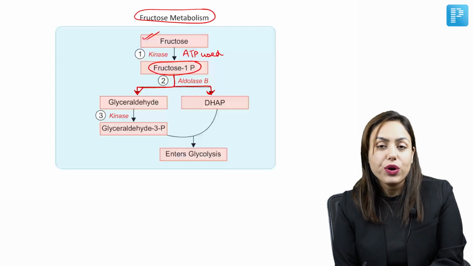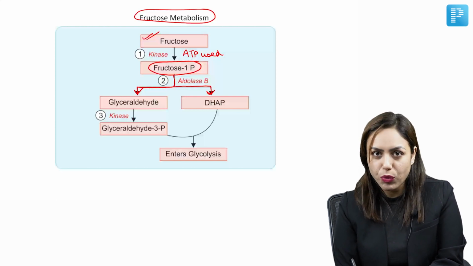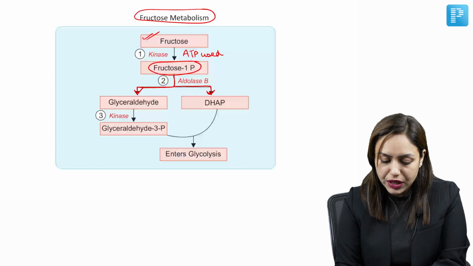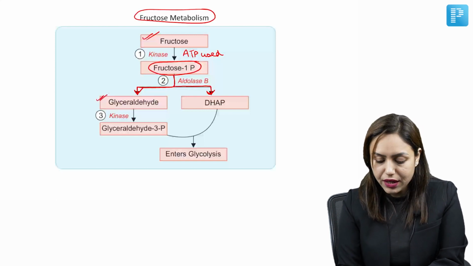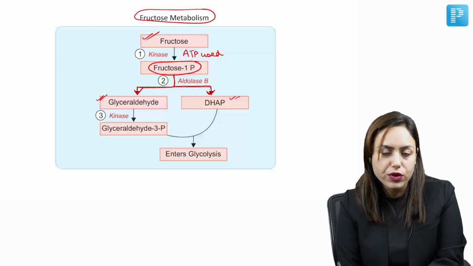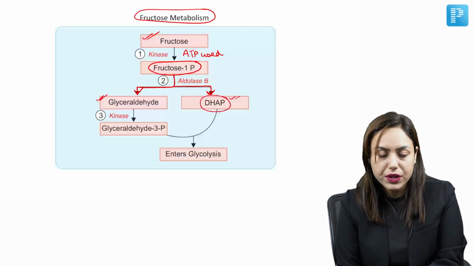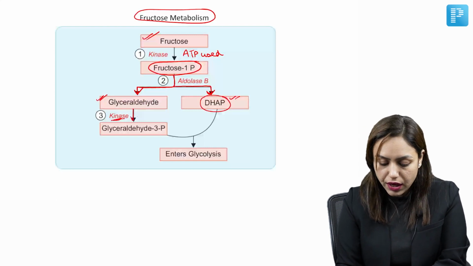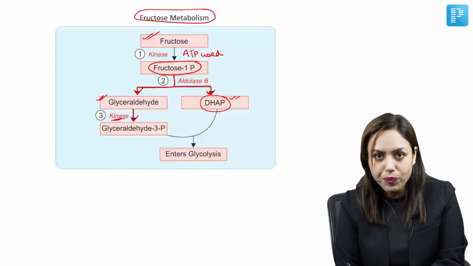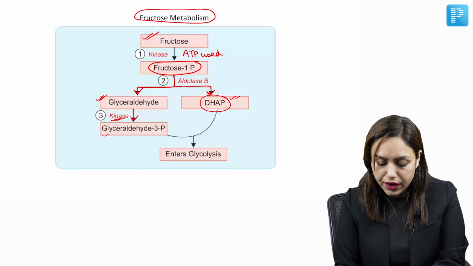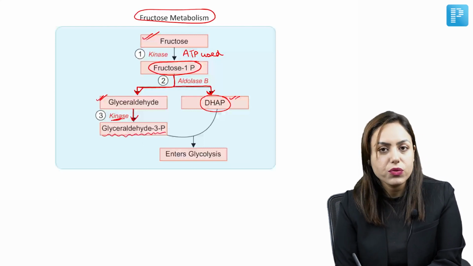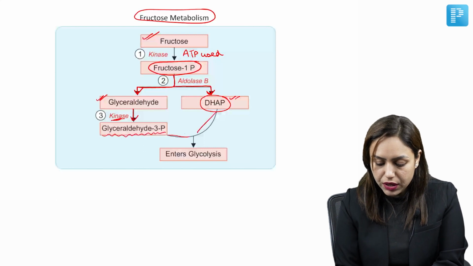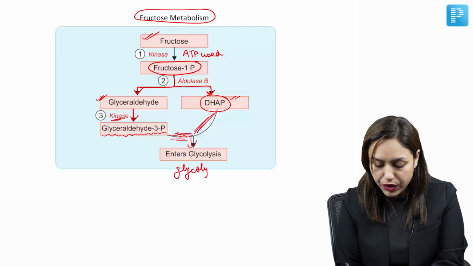Now here we have aldolase B in fructose metabolism, and it breaks down fructose 1-phosphate to glyceraldehyde and dihydroxyacetone phosphate, that is DHAP. Then the third enzyme is kinase again, converting glyceraldehyde to its phosphorylated form, glyceraldehyde 3-phosphate. Both these are intermediates of glycolysis, so they will enter glycolysis and the other enzymes of glycolysis will be used.